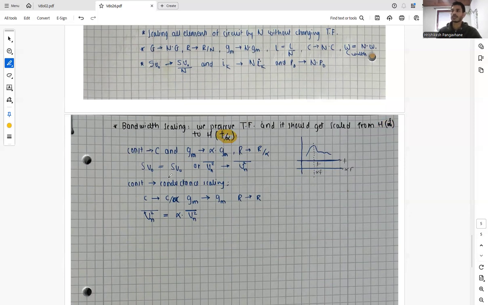So basically we have constant C scaling where the gm is alpha times gm and R is R by alpha, and the variance is constant because it is not dependent on the impedances. And we also have constant conductance scaling where C gets scaled and the conductance is constant, so the noise variance also gets scaled. So this is all about the scaling for noise, and that's all for this video. Thank you.